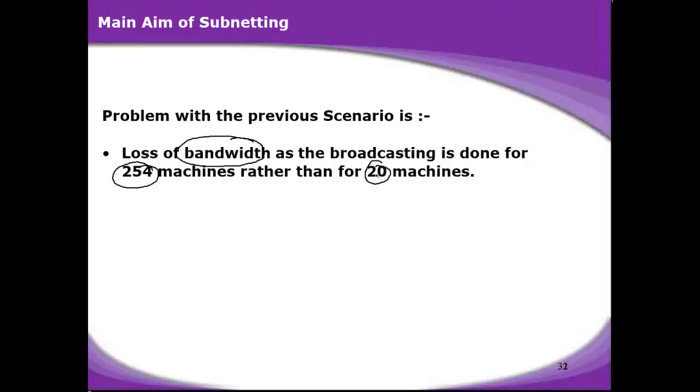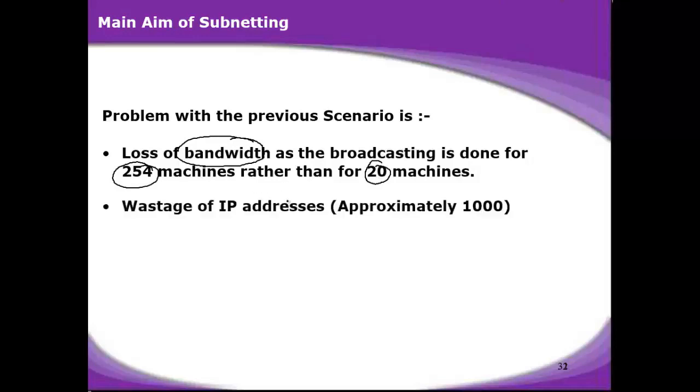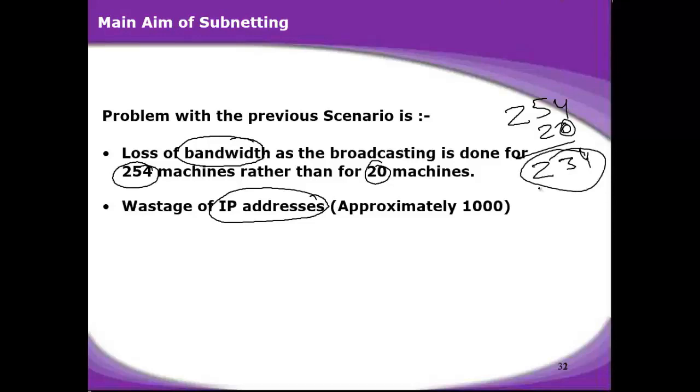So there is a wastage of bandwidth in this address assignment, and wastage of IP addresses as well, because you just require 20 IP addresses and you have wasted, if you subtract it, 234. So you are wasting 234 addresses in one network.